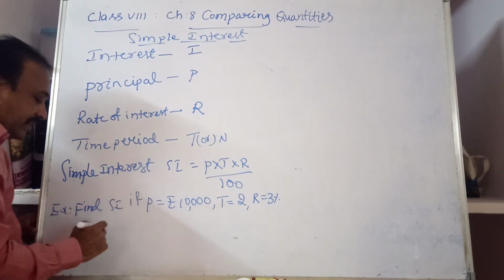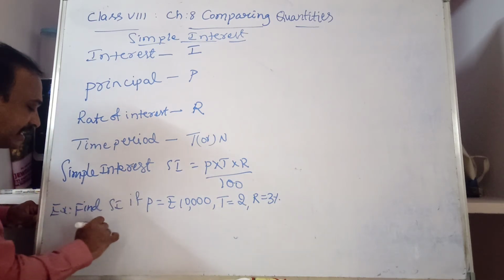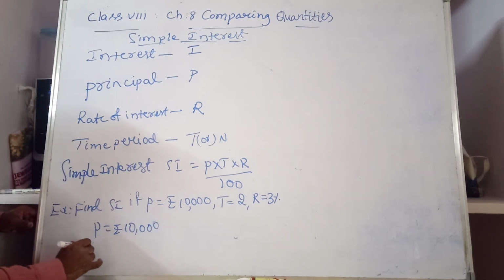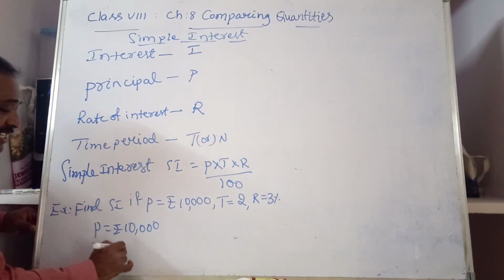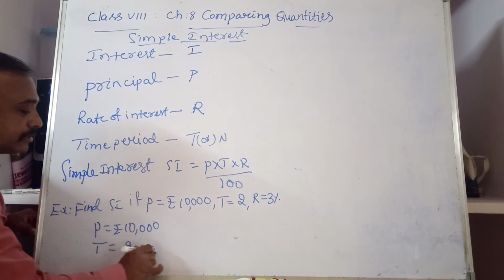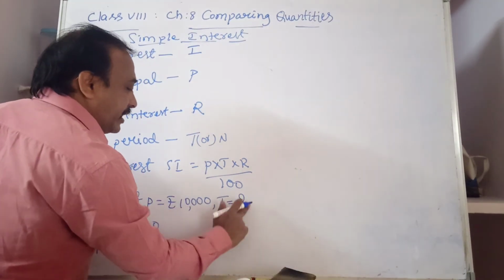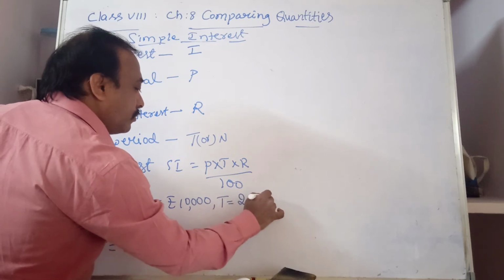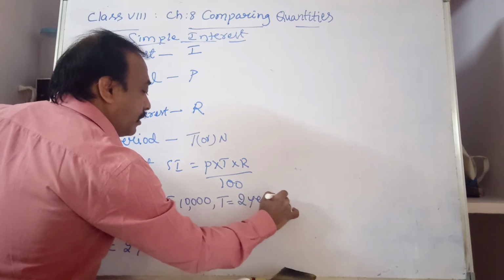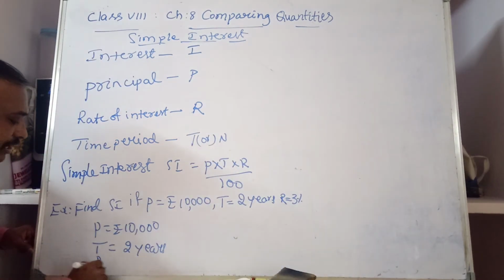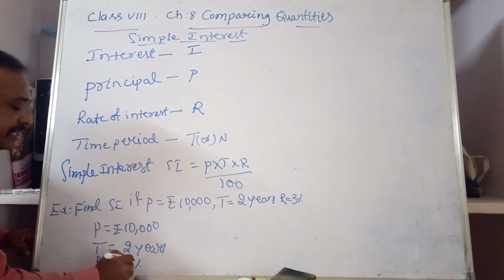So we know all the terms: P is equal to rupees 10,000, T is equal to 2 years, and R is equal to 3%.